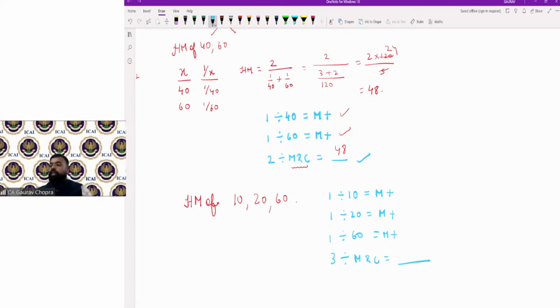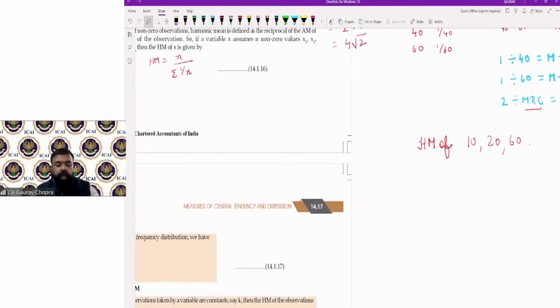Priyanka, Chavi, Om Gupta, Rain, Saloni, Naveen, Varsha, Rohani, Mohammad Shoaib, Mansi, everyone has given 18. 18 is the correct answer. All right. So in this way, you can easily calculate your HM, harmonic mean.